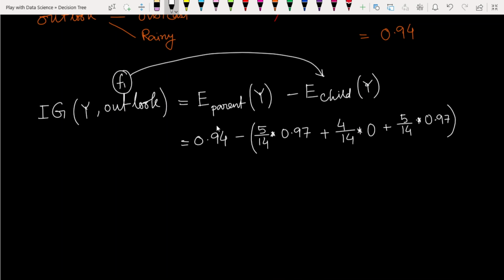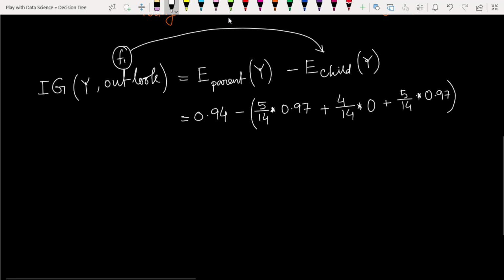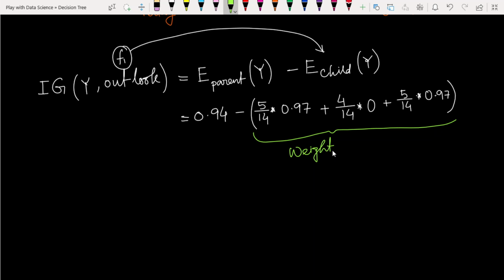0.97. Okay, this is simple. These things are actually called the weighted entropy of the children D1, D2 and D3.